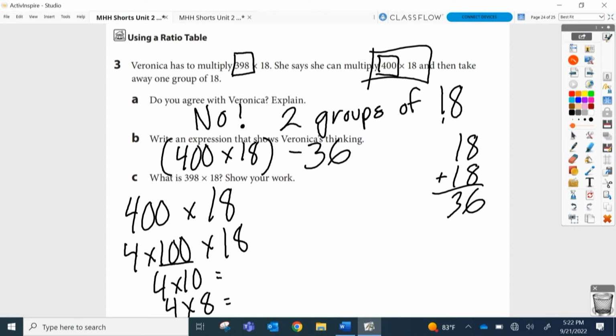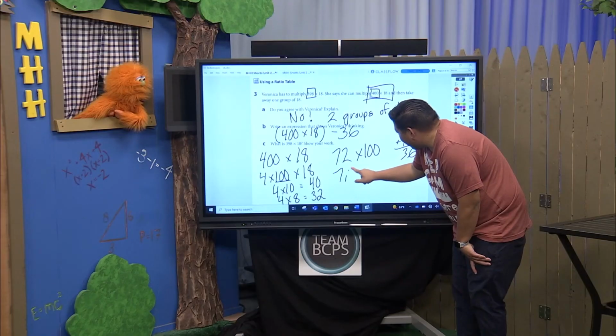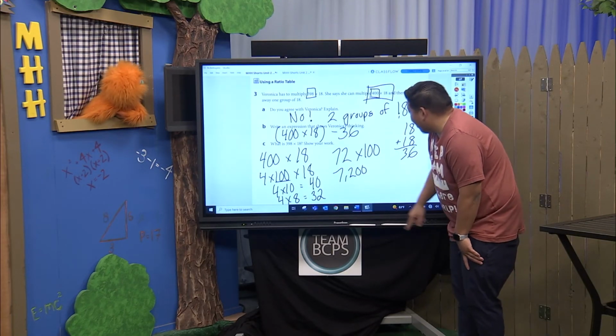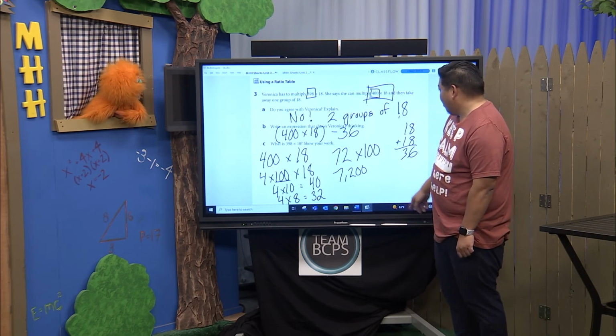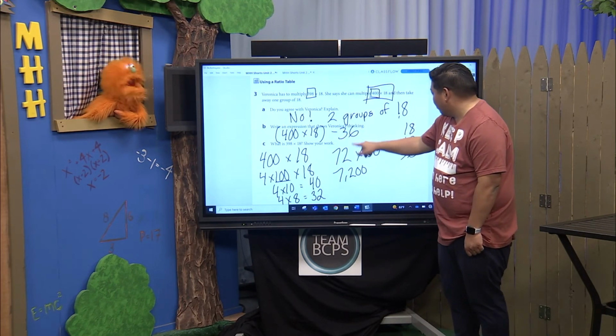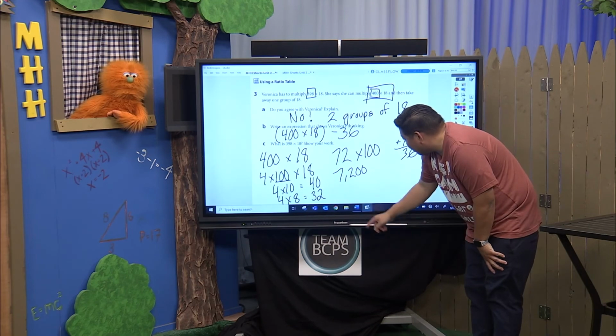So 4 times 10? 40. 4 times 8? 32. And if we add that up, 72. So we have 72 times 100. And that's easy. That's 7,200. But wait, there's more. There is more because we have to take 36 away. Minus 36. That's two groups.